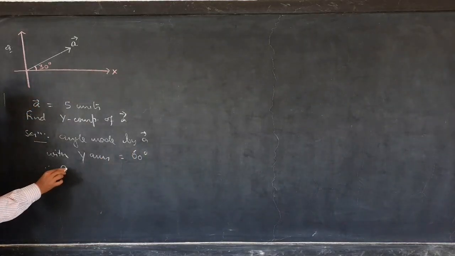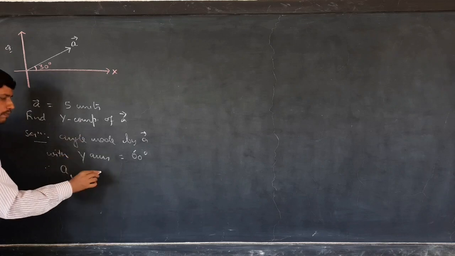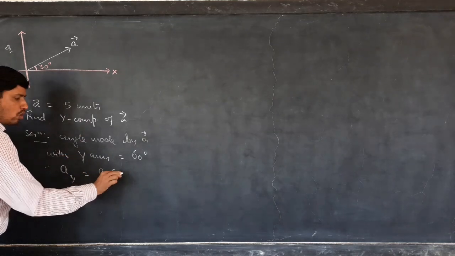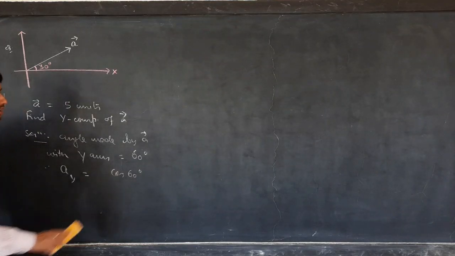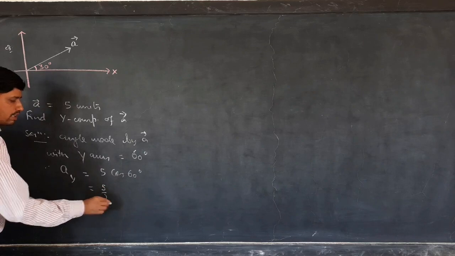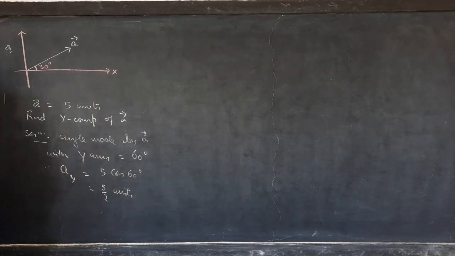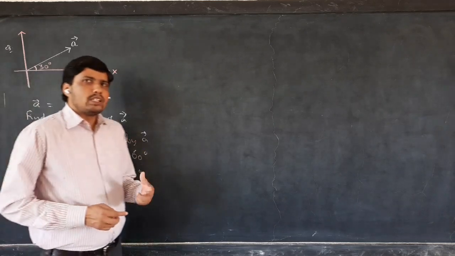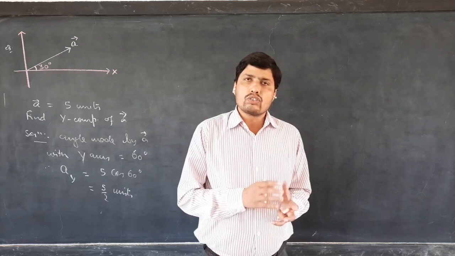Therefore, the y component of a vector, which we denote as ay, will be its magnitude a times cos of 60°. Now its magnitude is given to be 5 units, so the answer becomes 5/2 units, because cos 60 is half. So this example illustrates how you find the component of a given vector along some direction.